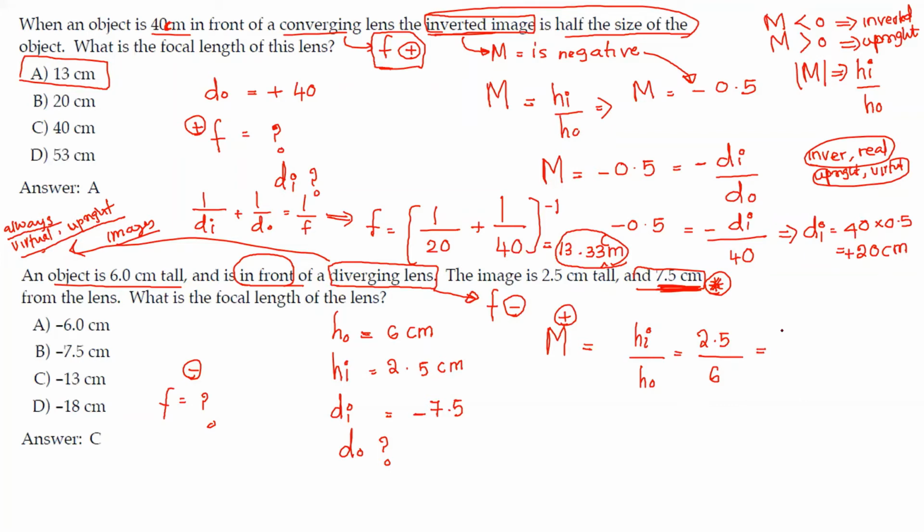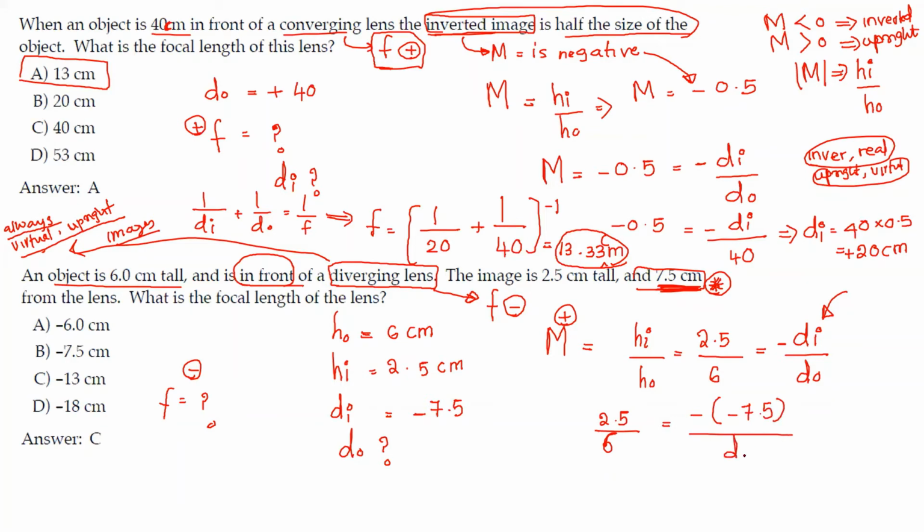And it is equal to minus Di divided by D naught. So that is your equation, right? So what I'm going to do is plug the value for Di and find D naught. What is Di? Di is negative 7.5.